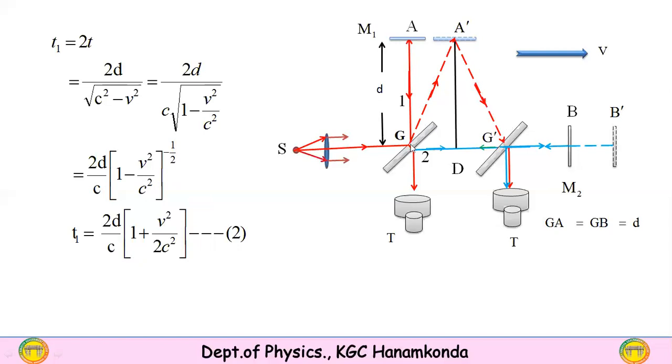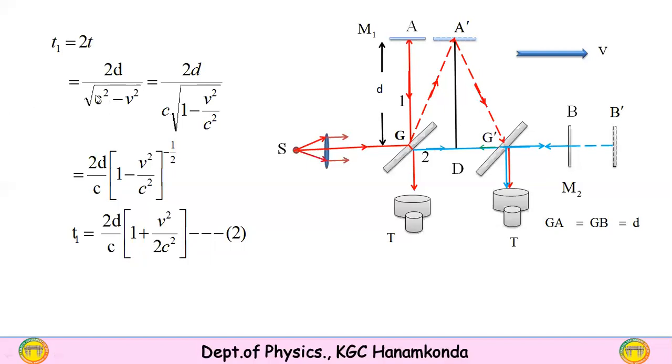It is obvious that these two triangles GA dash D and A dash DG dash are equal triangles. Therefore, GA dash equals A dash G dash. Therefore, the time taken to travel along this path is 2 into t, that means 2 into the time taken to travel G to A dash. So t1 equals 2t, that is equal to 2 into d divided by under root of (c square minus v square).